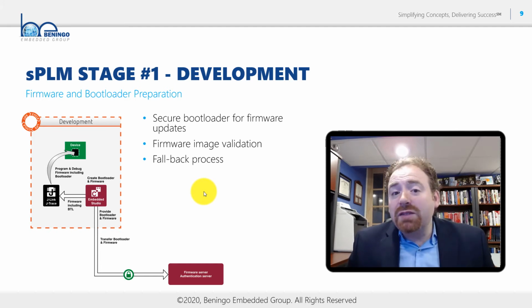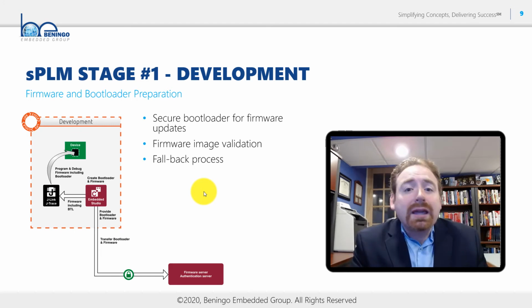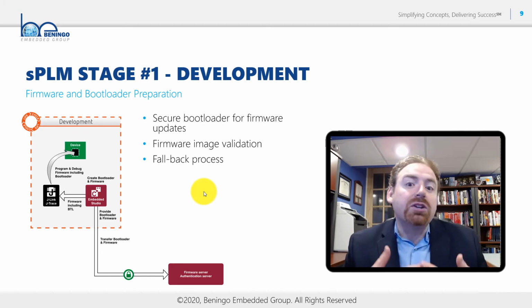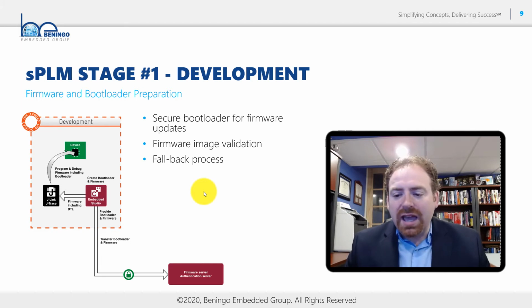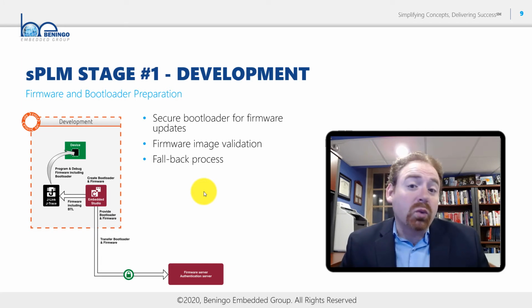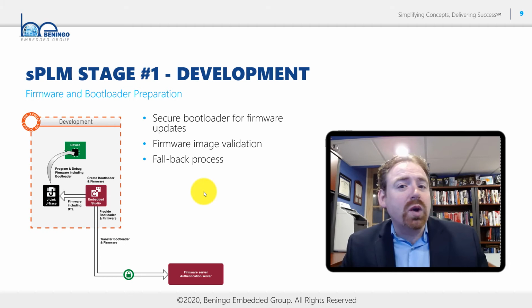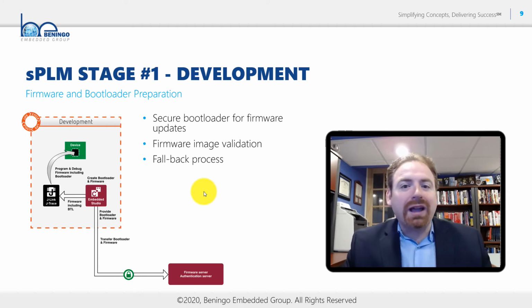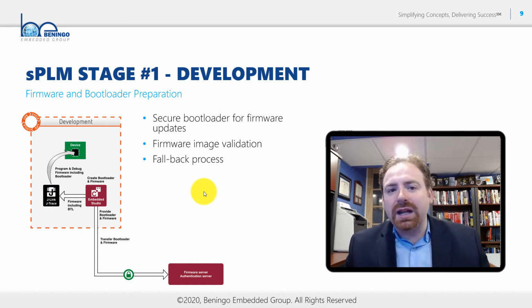In order to keep your device secure, many modern products don't allow you to fall back. They look at that as a potential attack. Because if I can go to a device and say, hey, you're running firmware 1.3, I know that 1.2 had a really cool exploit that I want to use. If I can force that device to fall back and update to version 1.2, then I can exploit that attack.